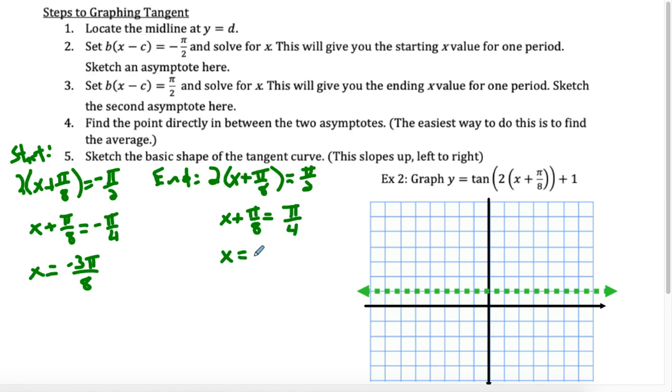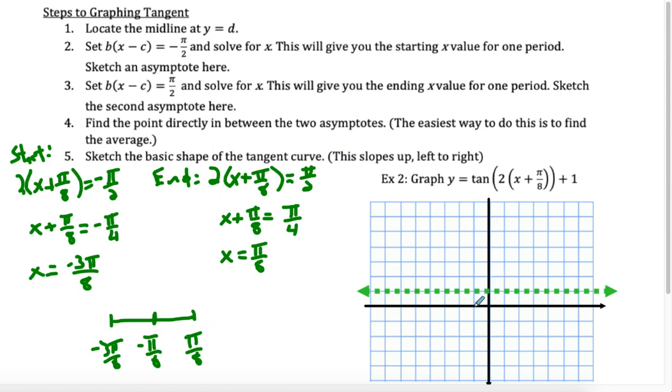So 2 pi over 8 minus 1 pi over 8 would be 1 pi over 8. So I'm going from negative 3 pi over 8 to positive 1 pi over 8. Halfway in between there, if we take the average, should be negative 1 pi over 8. So those are my key points.